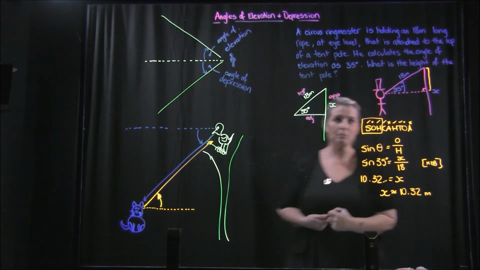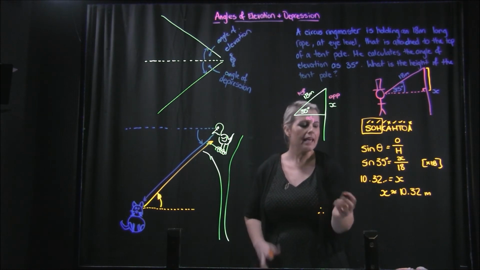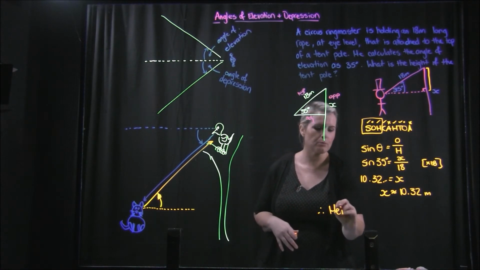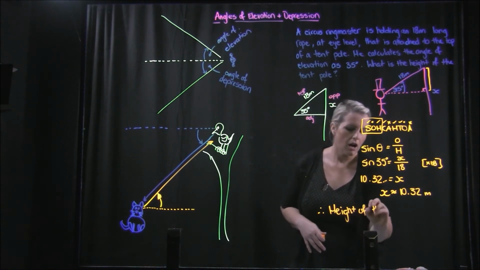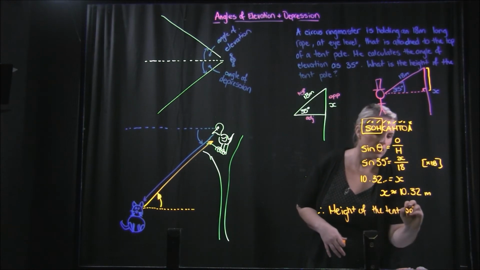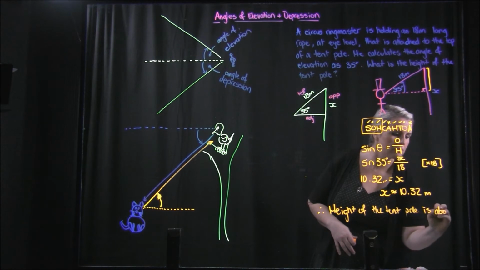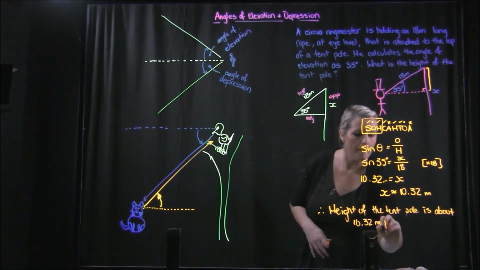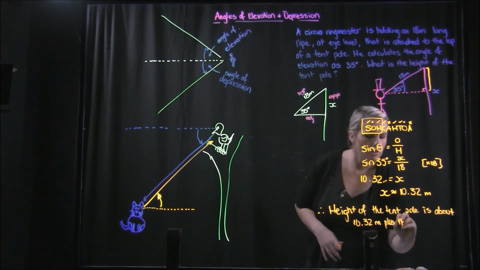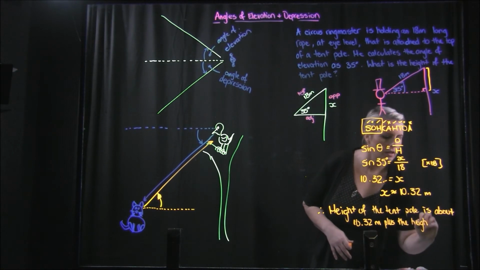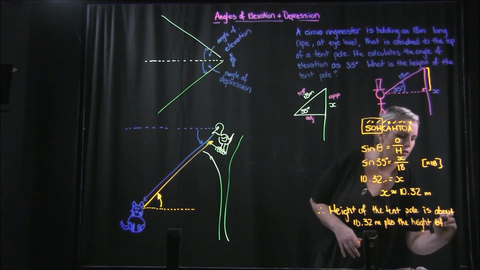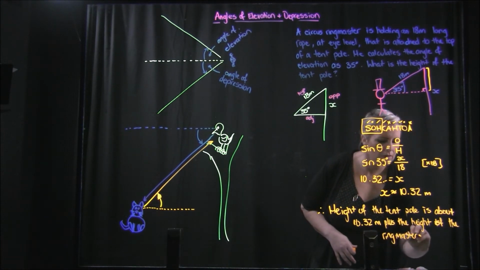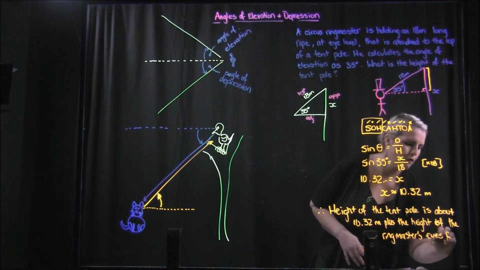So what I can say in my therefore statement in order to make it correct is that the height of the tent pole is approximately 10.32 meters plus the height of the ringmaster's eyes from the ground.